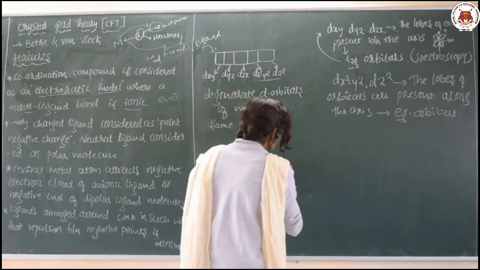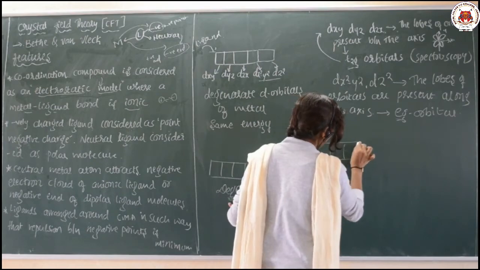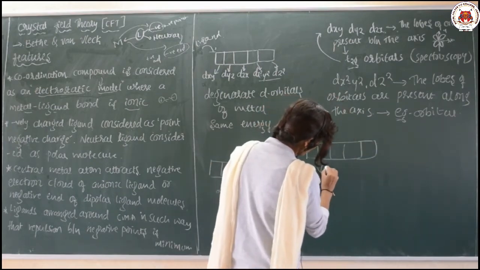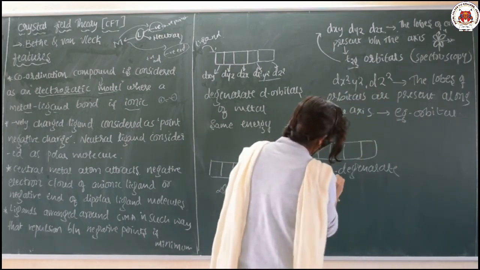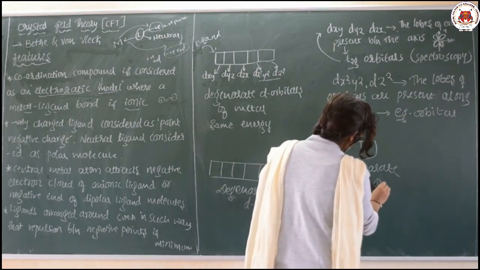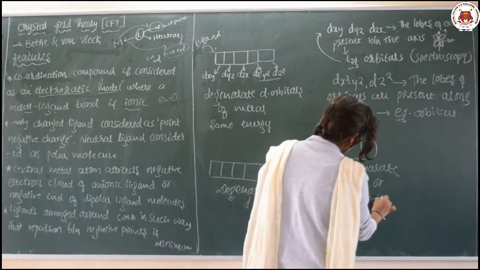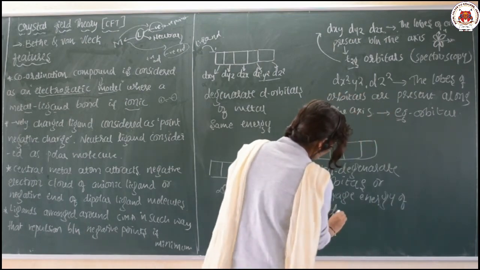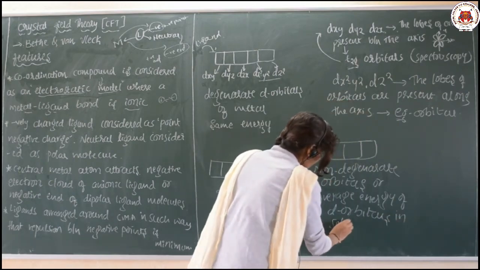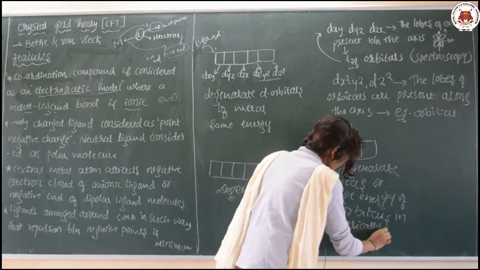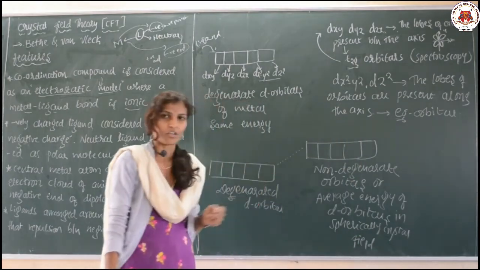So there is a formation of non-degenerate orbitals, or these are also called the average energy of the d orbital in a spherical crystal field. These are the non-degenerate d orbitals.